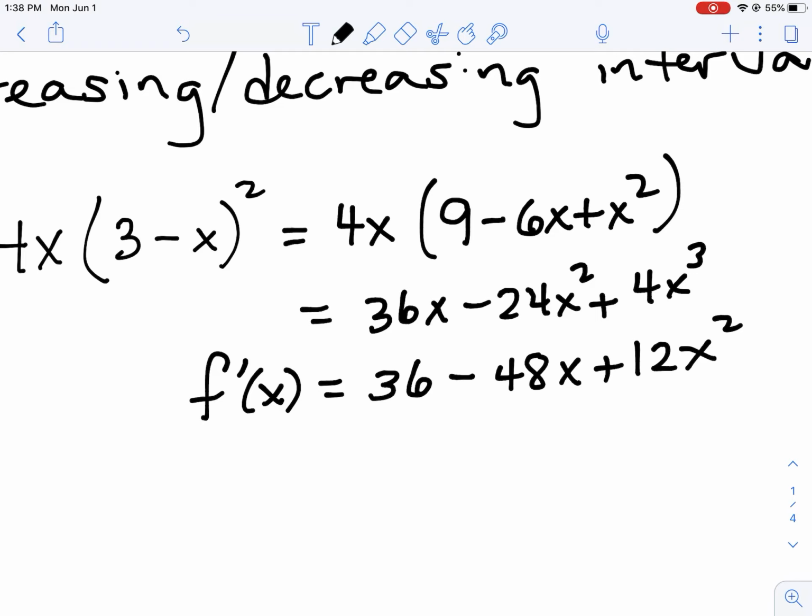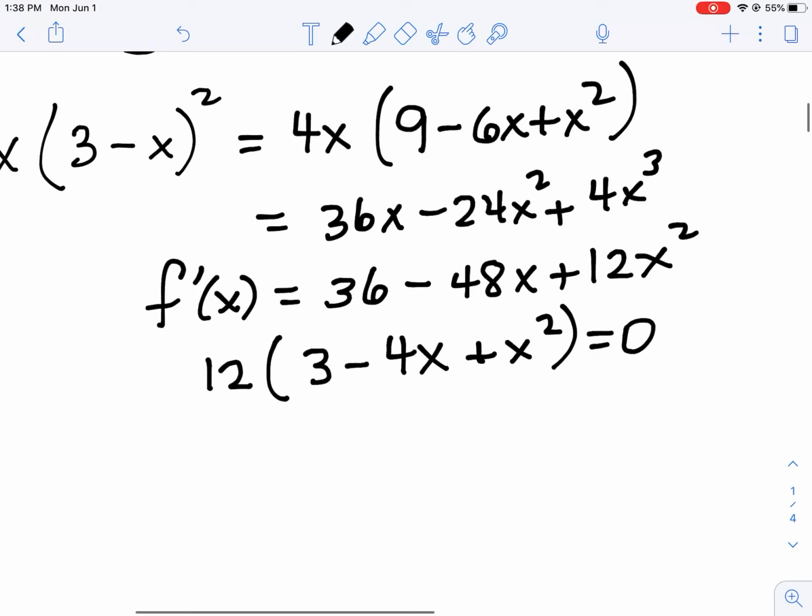Remember, those usually are maximums or minimums, or maybe an inflection point. So the first thing I notice with this is that I have a 12 in all of those. So I'm going to factor out the 12 and end up with 3 minus 4x plus x squared. I'm going to set that equal to 0 to find my critical points.